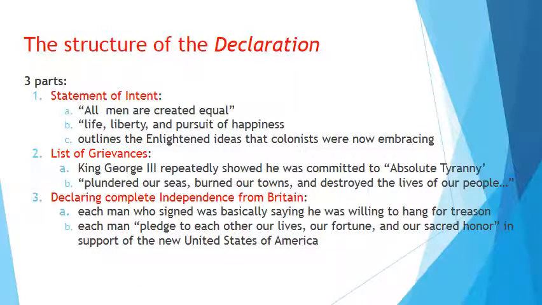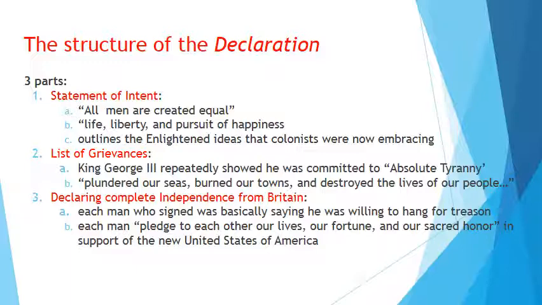So that Committee of Five, headed by Thomas Jefferson, structured the Declaration this way. There are three distinctive parts. The first part is called the Statement of Intent. In that Statement of Intent, we know that they say all men are created equal, that all men deserve life, liberty, and the pursuit of happiness, and they outlined the enlightened ideas, those philosophies that the colonists were now embracing, that they had rights that were beyond being controlled by a monarchy or a king.